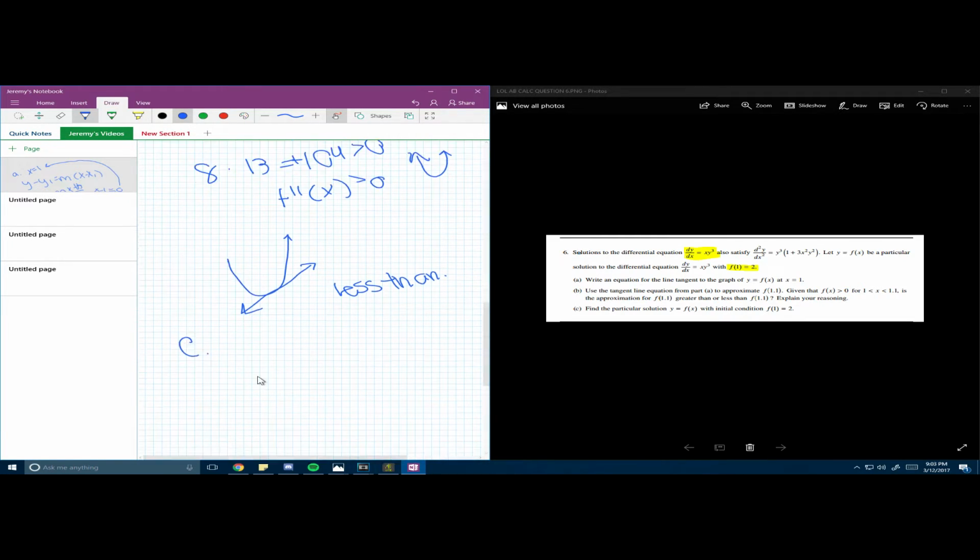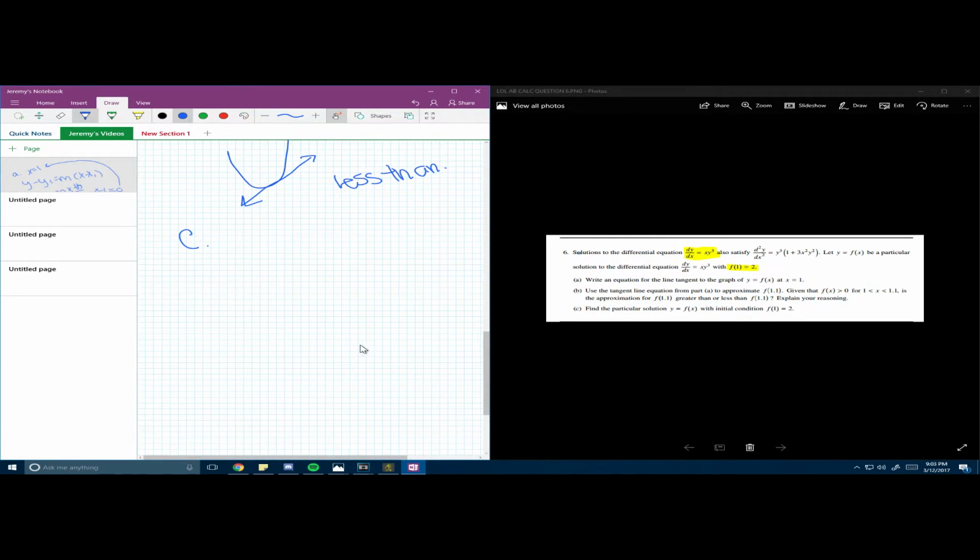Now for part C, it wants us to find the particular solution if y equals f of x with the initial conditions f of 1 equals 2, so x equals 1, y equals 2. Alright, so dy dx is equal to x y cubed.